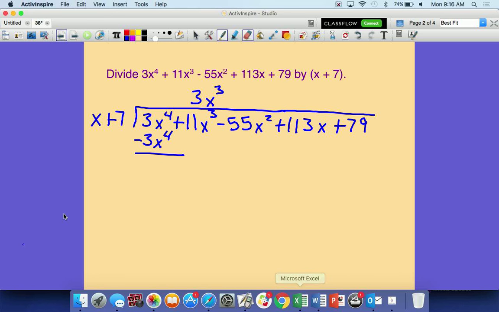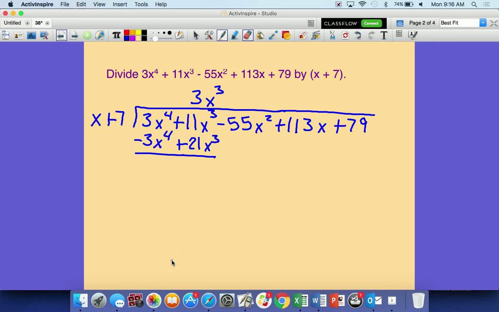Another thing to realize is, yes, we took this 3x cubed times the x to get this, but we also have to take the 3x cubed times 7 to get a 21x cubed.